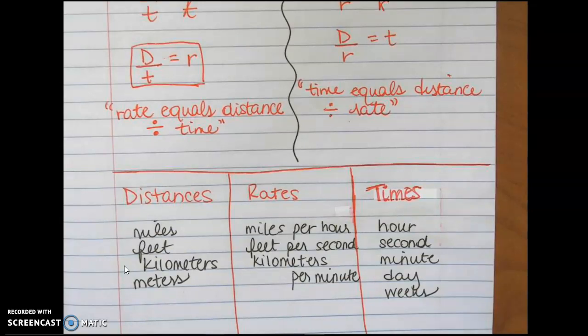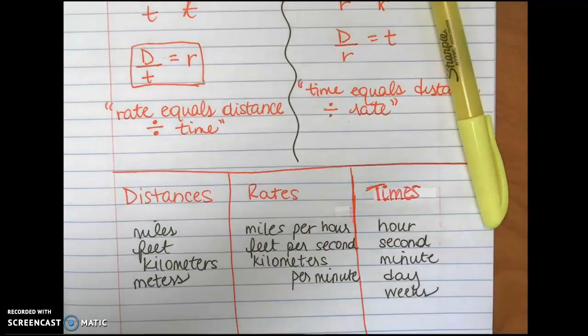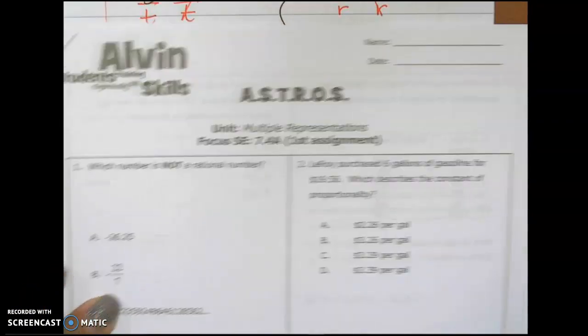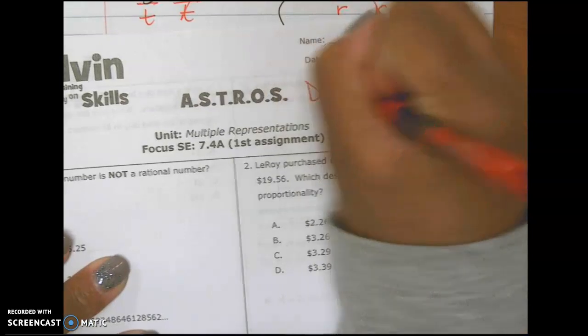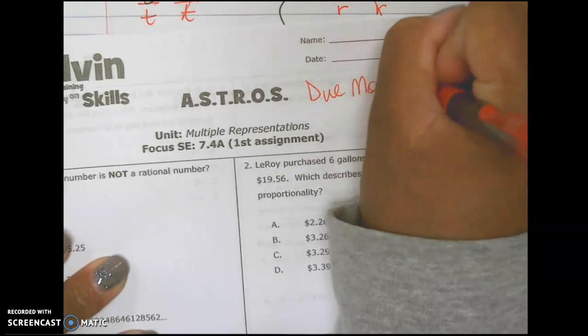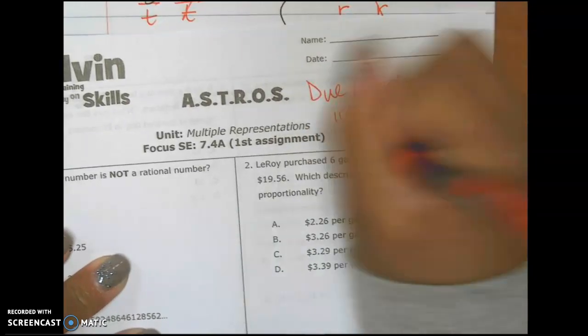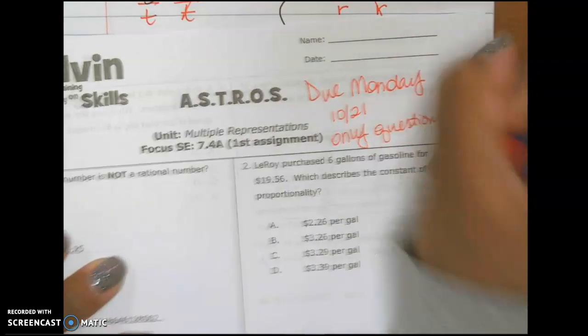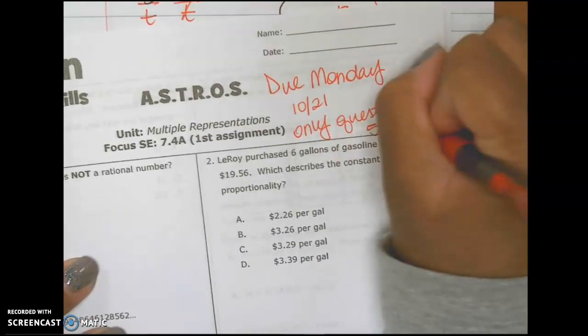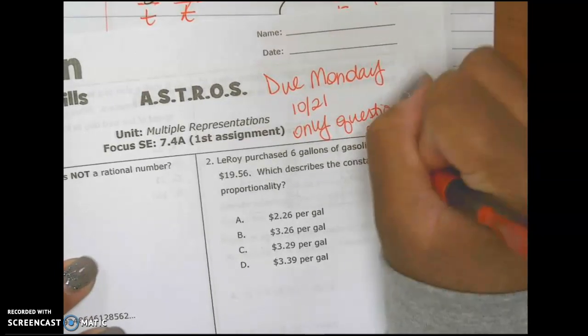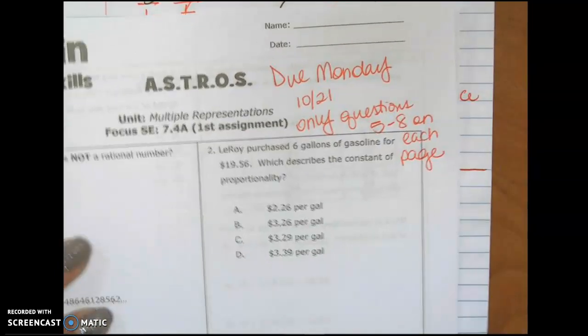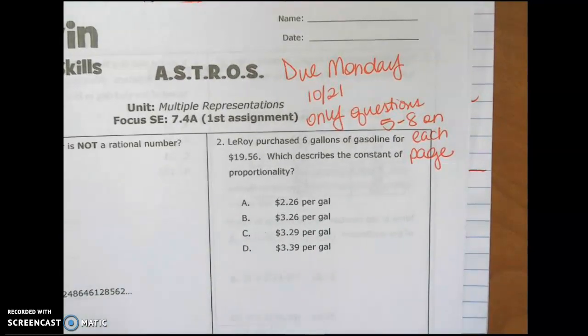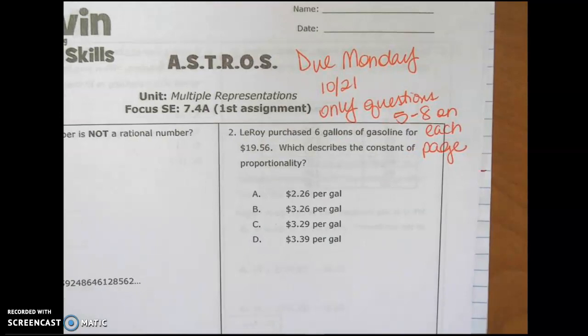Okay, let's take a look at your assignment that I haven't passed out yet. Due Monday, 10/21. Only questions 5 through 8 on each page, meaning 1 through 4 are optional.